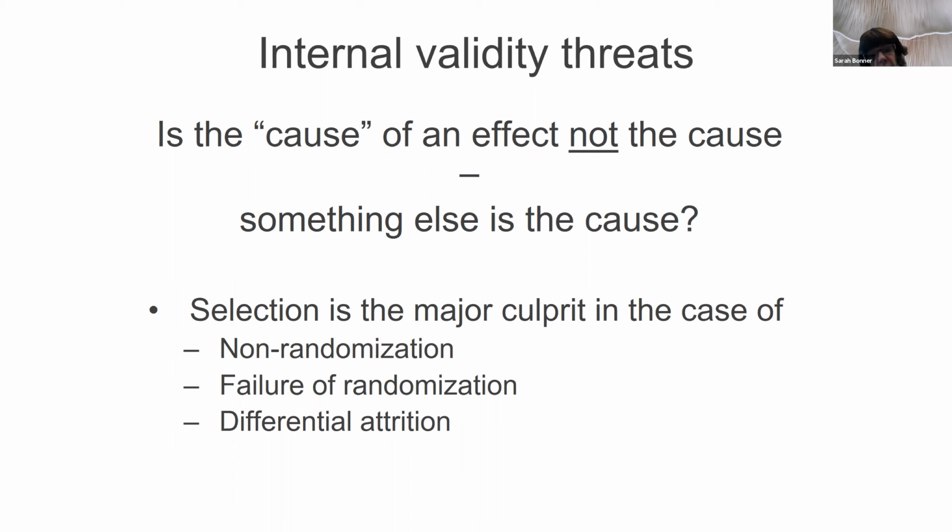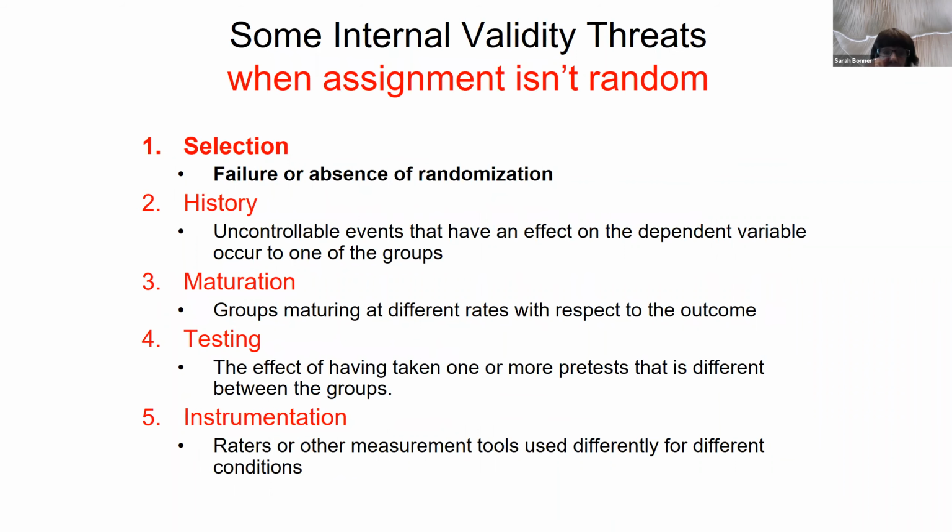So selection is your major culprit, and pretty much anything else is a function of selection. So some people, rather than just writing, for instance, history, will write selection by history, selection by maturation, selection by testing, or by instrumentation. I've just written them in kind of short form.